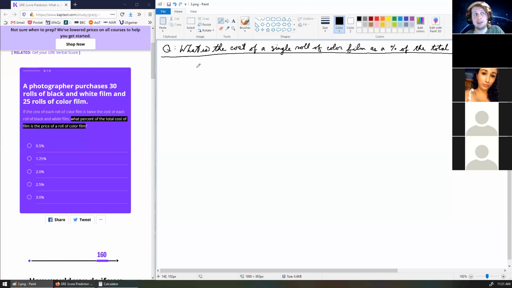And we know, well, we are assuming, oh no, it tells us that they have a different cost. So we have 30 black and white, right? And we have 25 color.